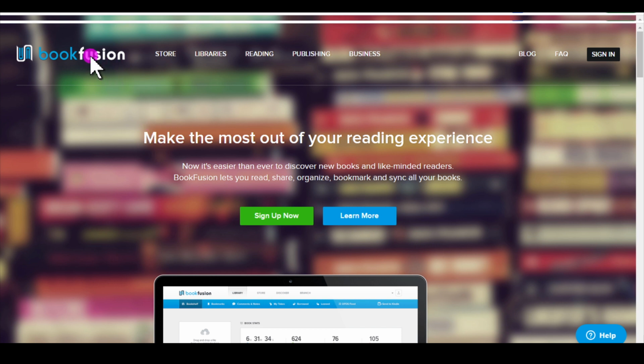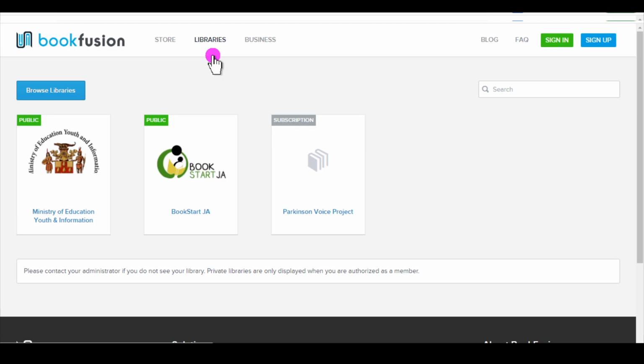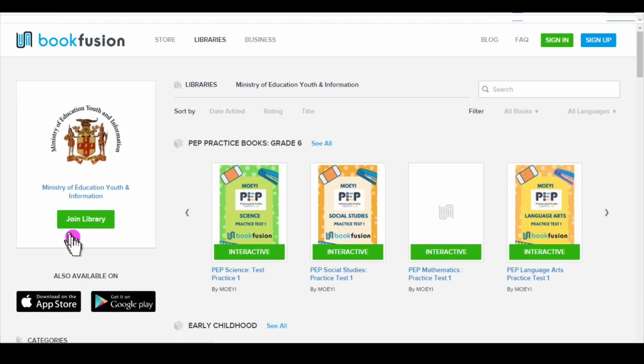So once we type in Book Fusion in the browser of our choice, we hit libraries, and we go to the Ministry of Education and Youth and Information website, their library rather. Here we have some of the other books.